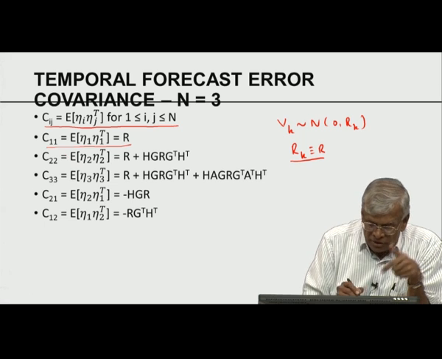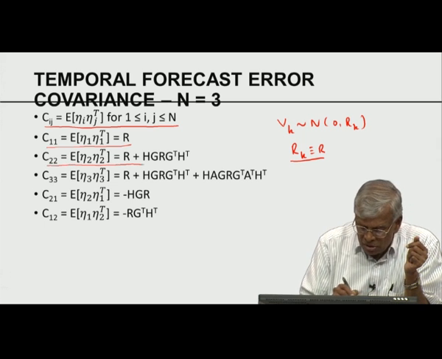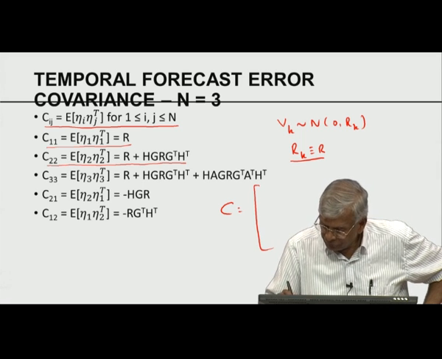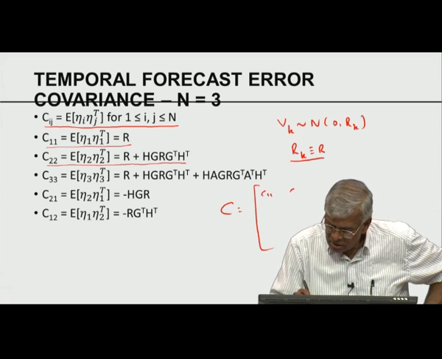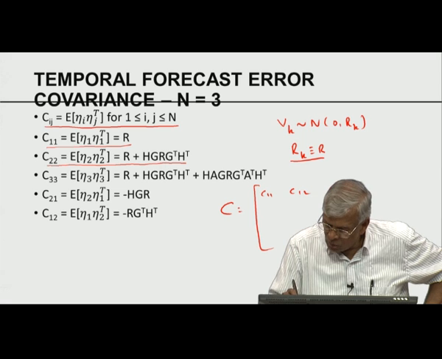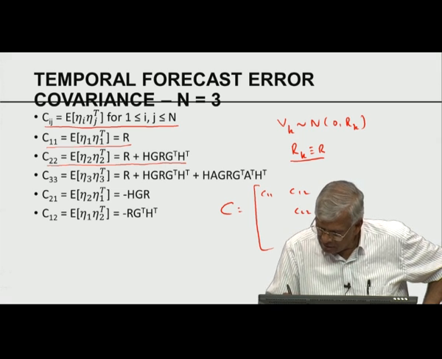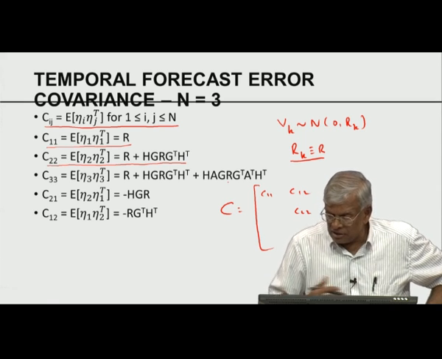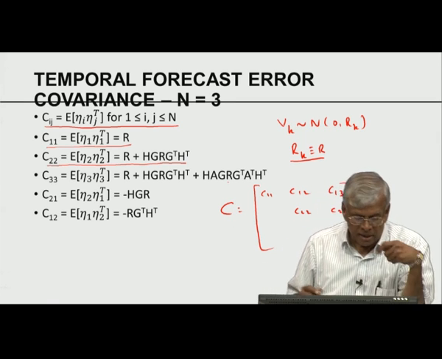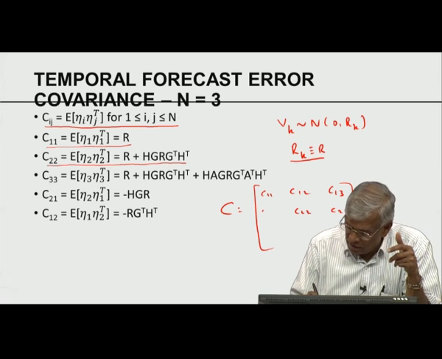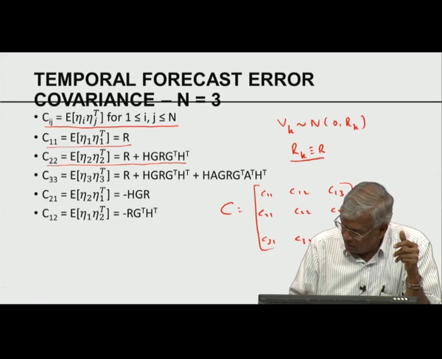So that is R, C22. So C is a matrix which is C11, C12, C13, C22, C23, C33, everything, because it is symmetric I do not have to worry about the bottom part. But I can continue with C21, C31, C32.